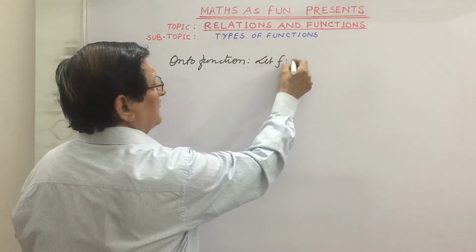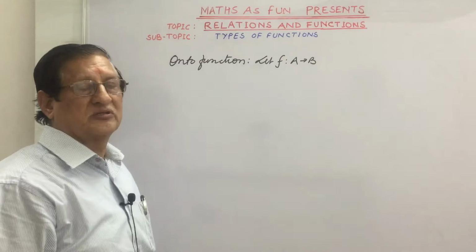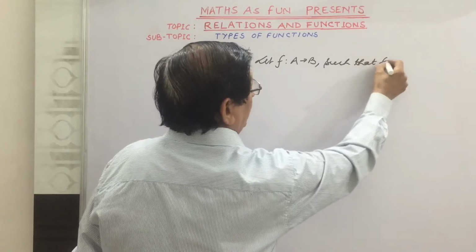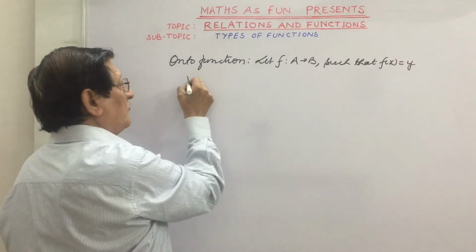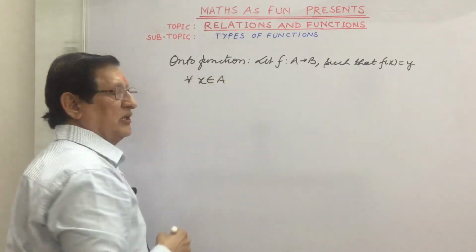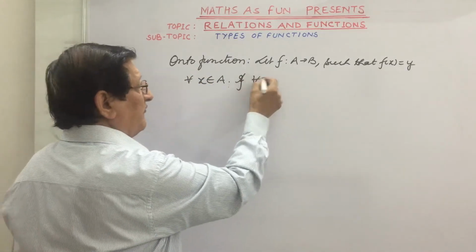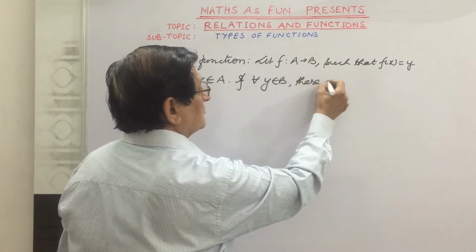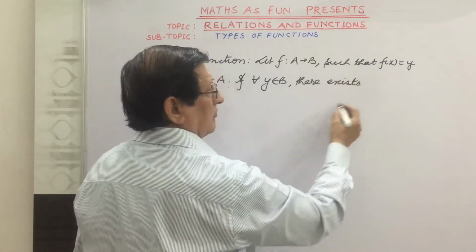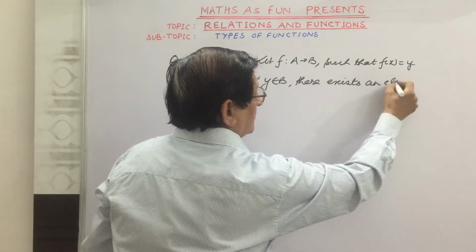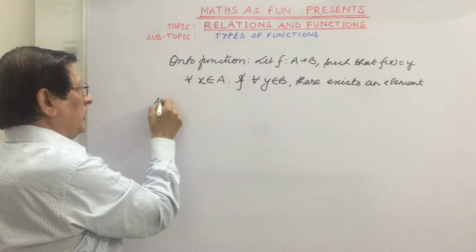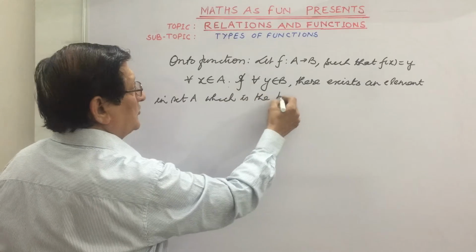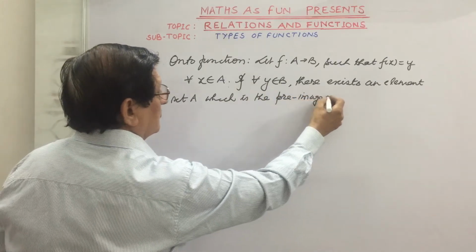Let f be a function from non-empty set A to non-empty set B, and it is such that f(x) is equal to y for every x belonging to A, if for every y belonging to B there exists an element in set A which is the pre-image of y.